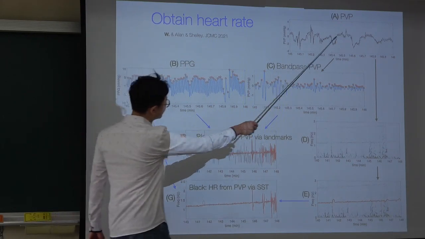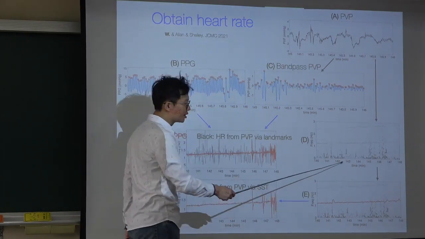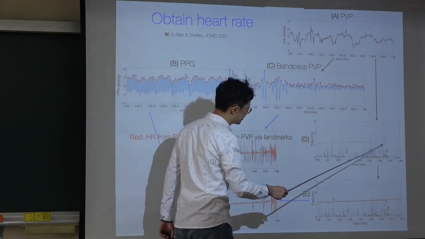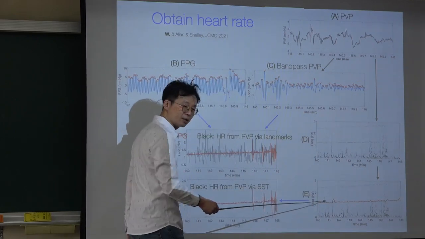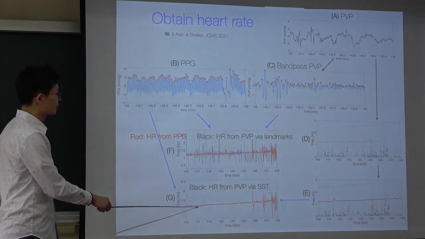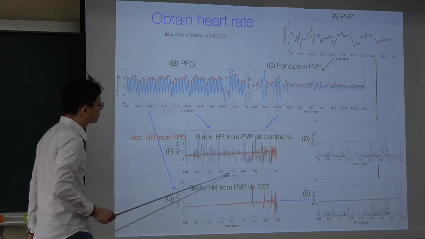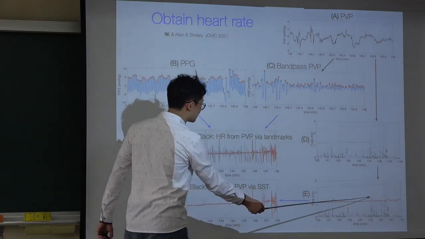But if you apply the synchrosqueezing transform to the PVP signal, this is what you get. You see a 9. And now you just extract this 9 by ridge extraction, and you get the heart rate. The black one here is the heart rate from the PVP signal via synchrosqueezing.